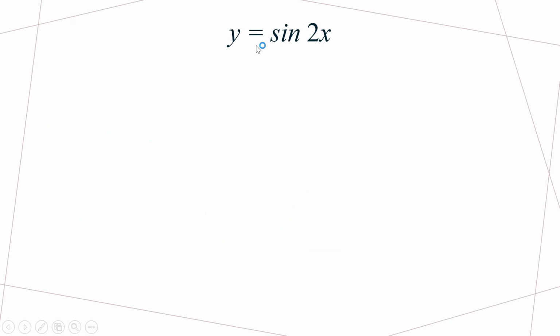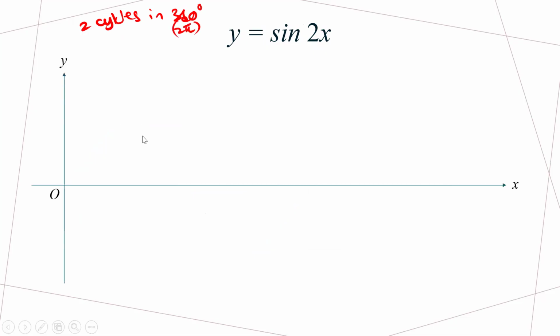Now what if the b changes? The a remains as 1. Remember, b represents the number of cycles in 360, so I will have 2 cycles in 360, or 2 pi.